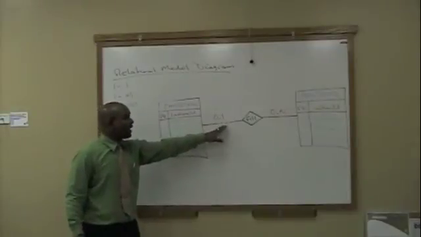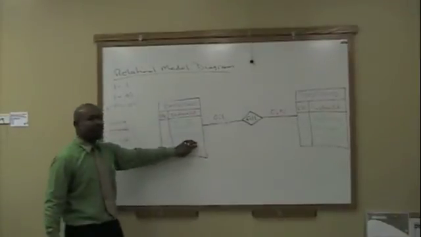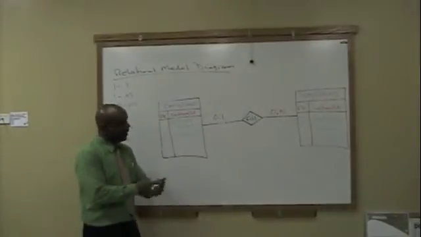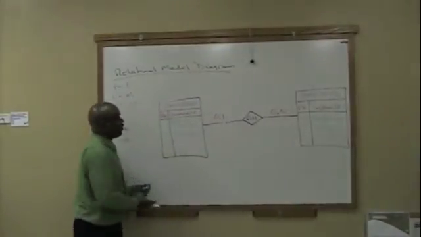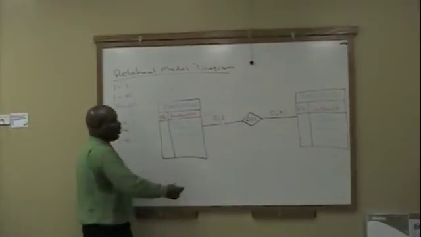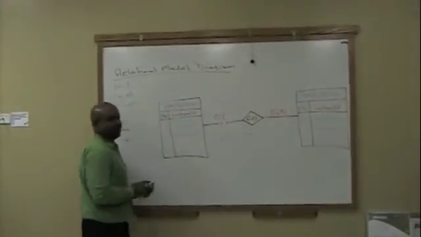And wherever the one side of the relationship is, it takes the relationship and it is absorbed and you get a foreign key. In the book, I draw a circle. Here I'll draw a semicircle to indicate that the relationship comes this way.